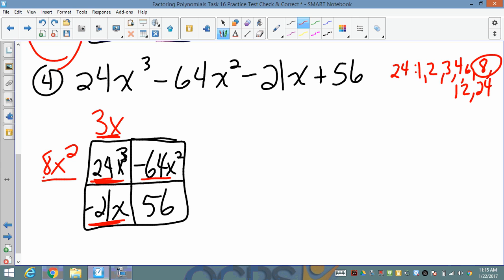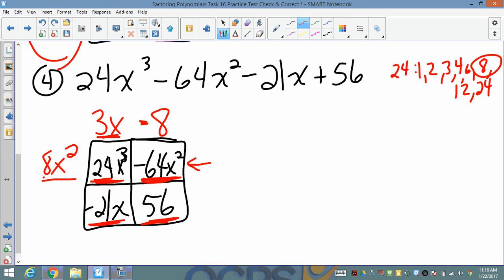Now, second column, so negative 64x squared and 56. Remember, if this box here is negative, this number out here is going to be negative. And again, if you're having trouble deciding what your GCF is, do 64 divided by 8 is 8. And then does 8 go into 64? Yes.